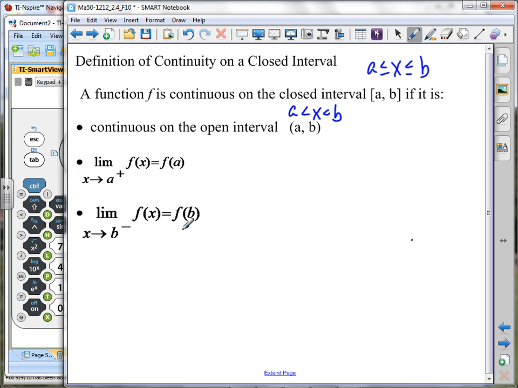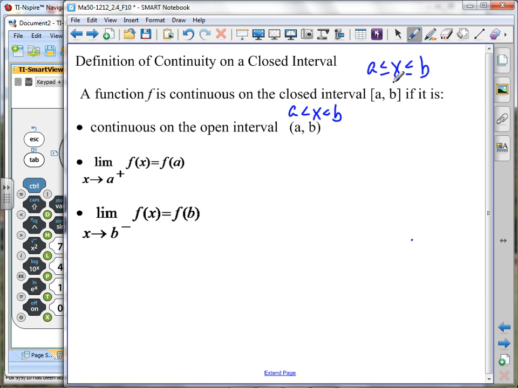Now remember, in our original conditions for continuity, we say that the limit exists, and if we have a closed interval and we can't get past A and we can't get past B, we don't have the ability to go from both sides. And so we have to have this statement to say, it's still going to be considered continuous on the closed interval, even though I can't speak the word limit in the truest sense, because I can't come from both sides.